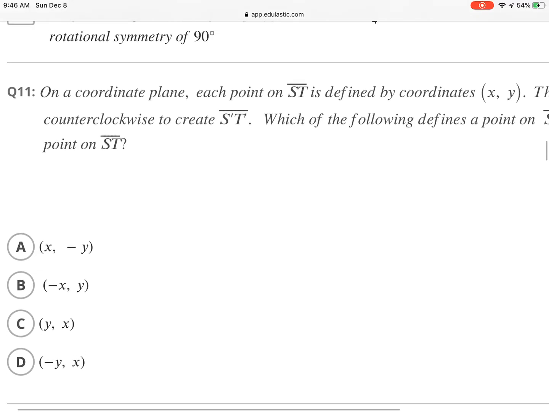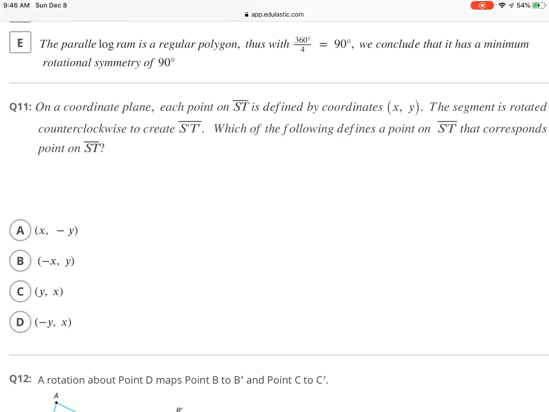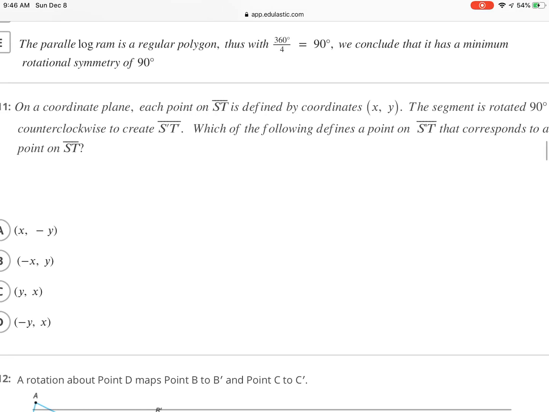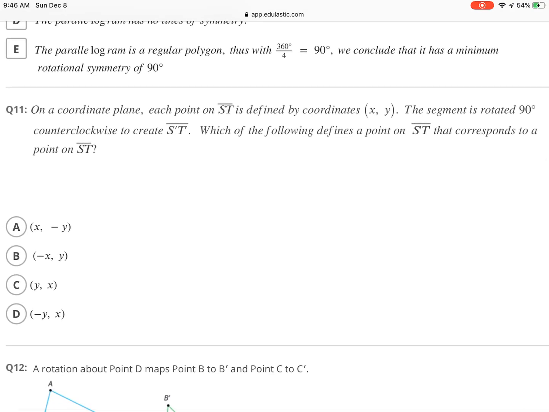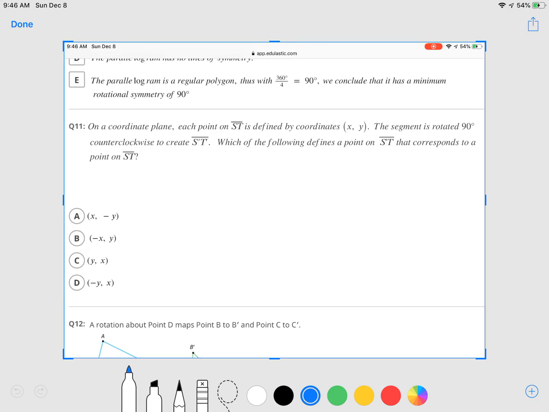So question 11. Question 11 says, on a coordinate plane, each point on ST is defined by coordinates x, y. The segment is rotated counterclockwise to create S prime T prime. Which of the following defines a point on S prime T prime that corresponds to a point on ST? Okay, so this is just an application of the transformation rule that we learned. We have x comma y for a rotation of 90 degrees counterclockwise.